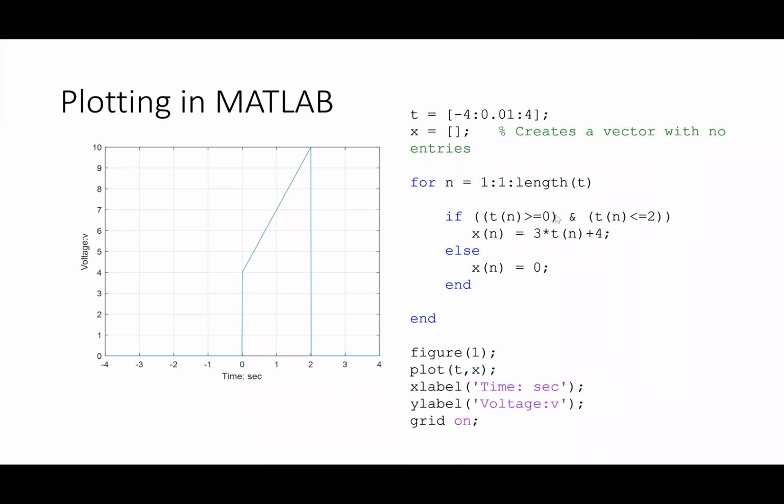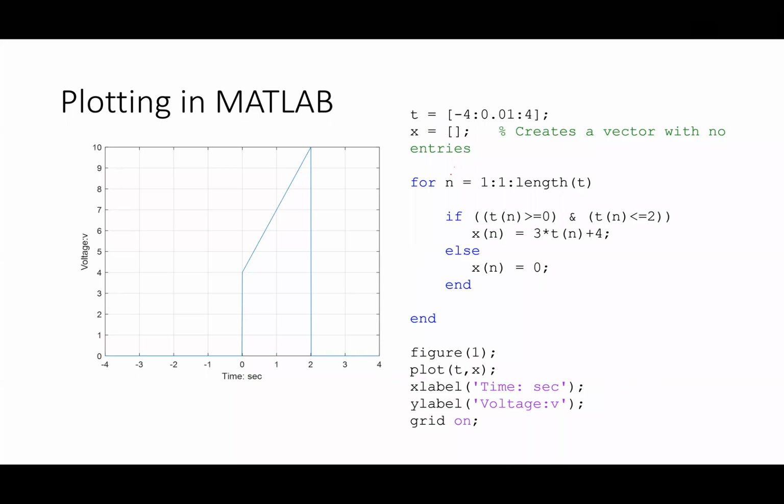The way that I did this is I basically looped through the t vector. So I said for n equal to 1; I call this an index. It's a variable that lets me know where I am in a vector.